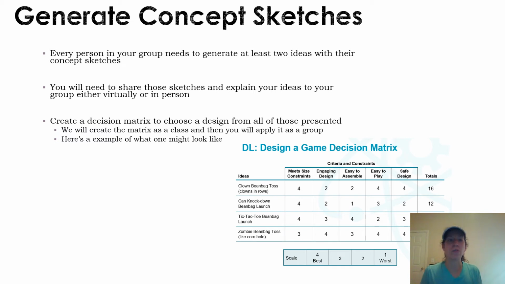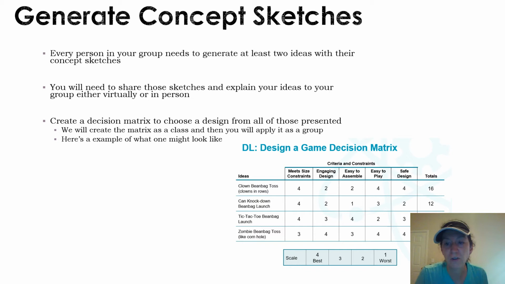We'll talk about the different requirements, like what's making a good design here. Things that usually come into play is cost, how much time it's going to take you to build it, whether or not it meets all of the constraints and requirements, how much space it will take up, whether you have the materials. I might have already said that, but we will come up with a decision matrix.